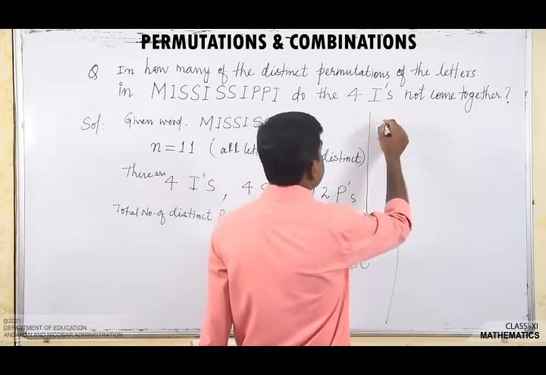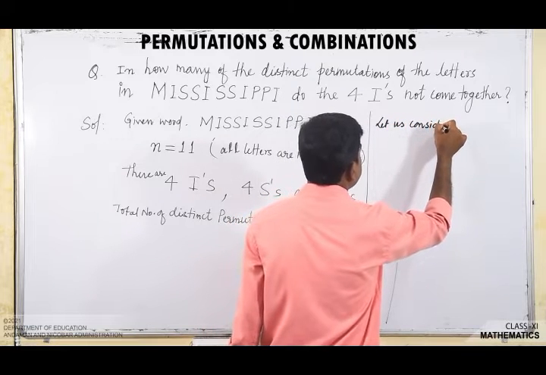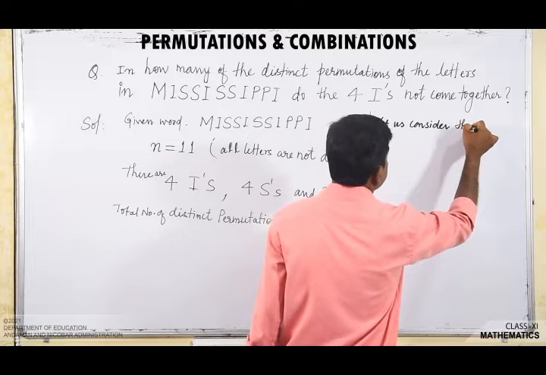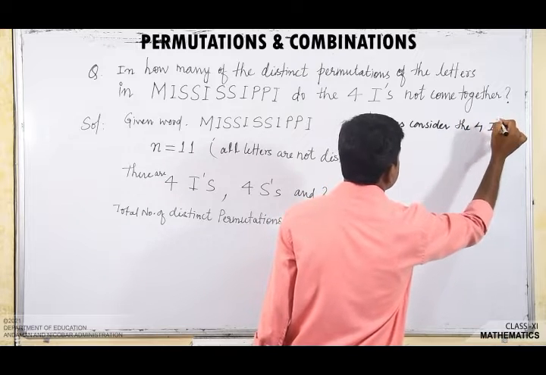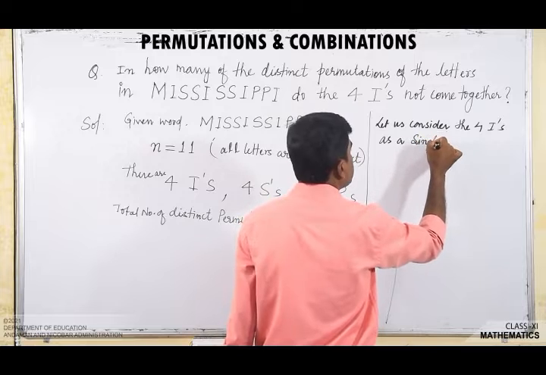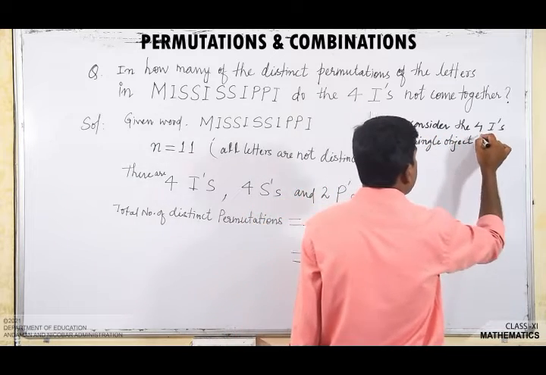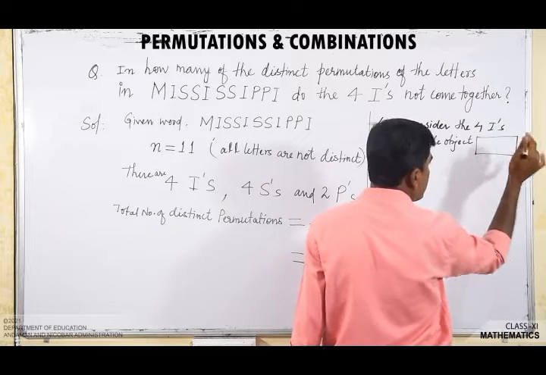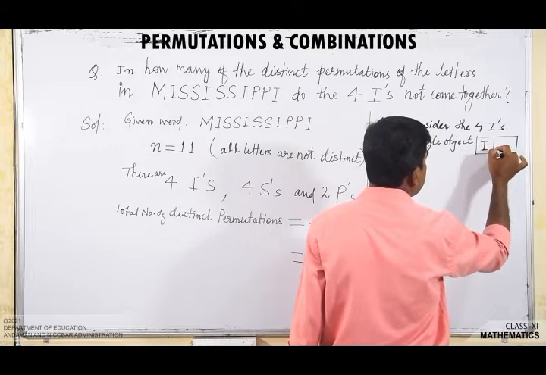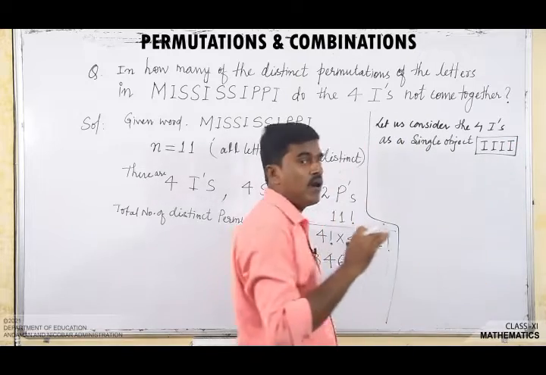So let us consider the 4 i's as a single object. I am writing these 4 i's together in a box now. Just put it in a box and treat it as a single object.